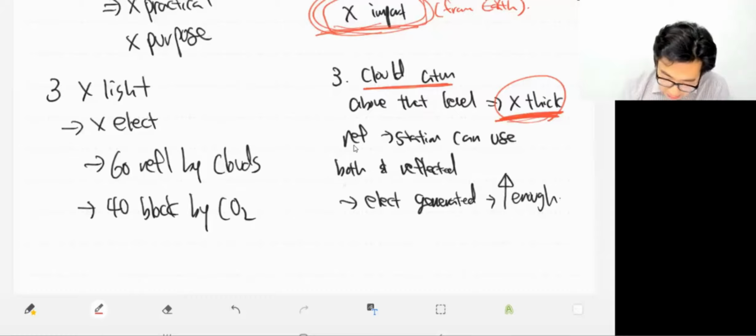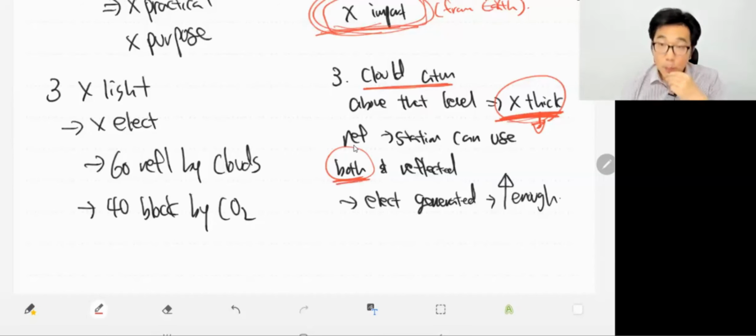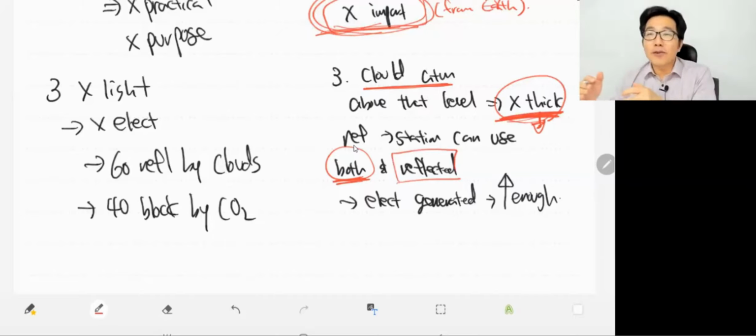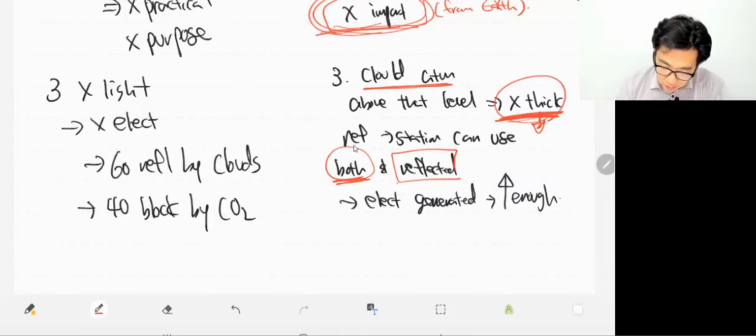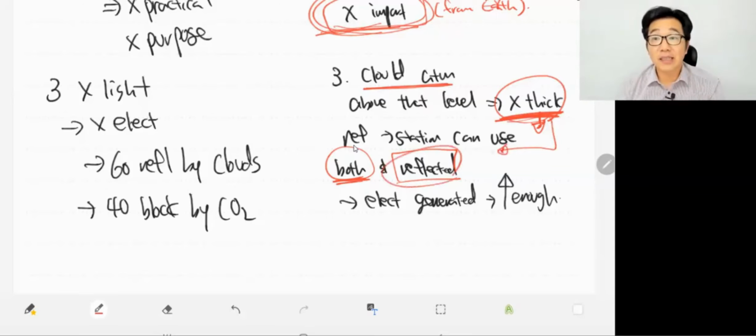So you could get more sunlight absorbed because clouds are thinner, plus you can catch some of the reflected light, because you are in the atmosphere, not on the surface. Okay? So more absorption, more light, plus you can catch some reflected light.